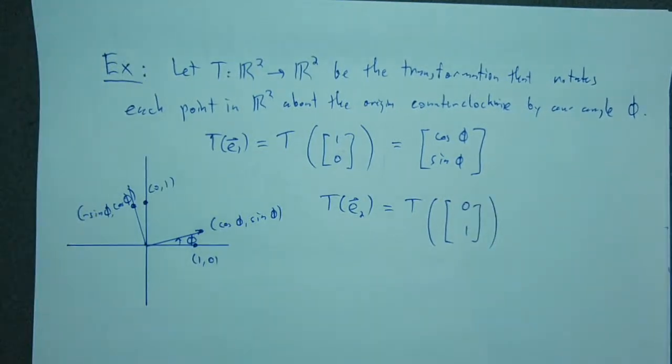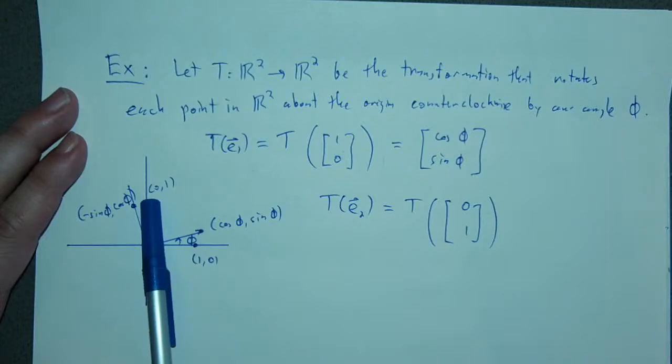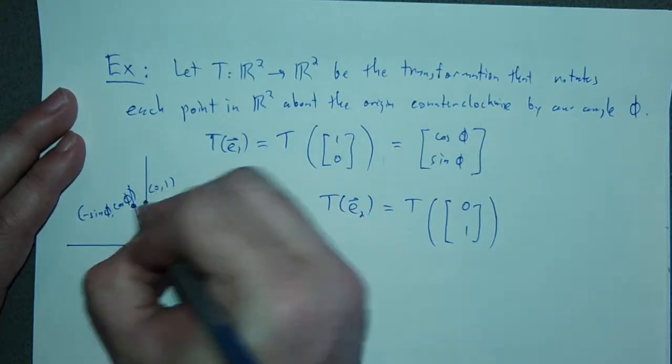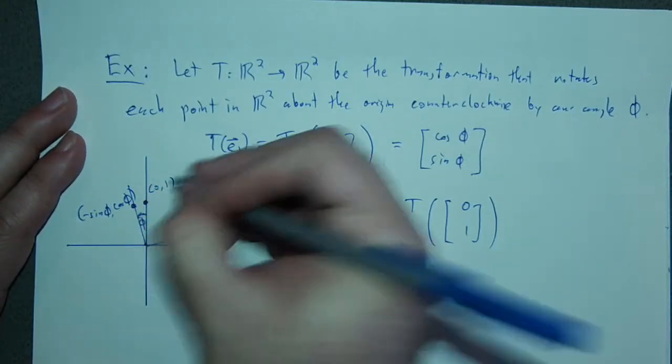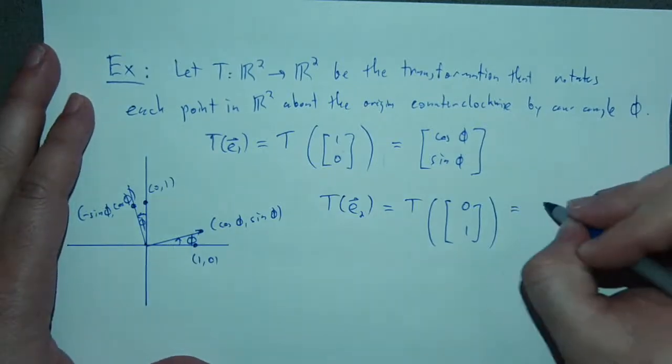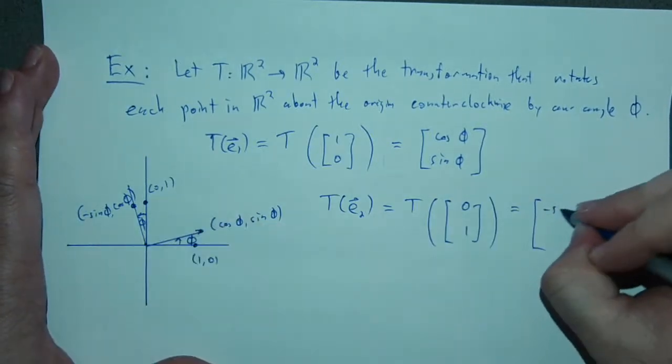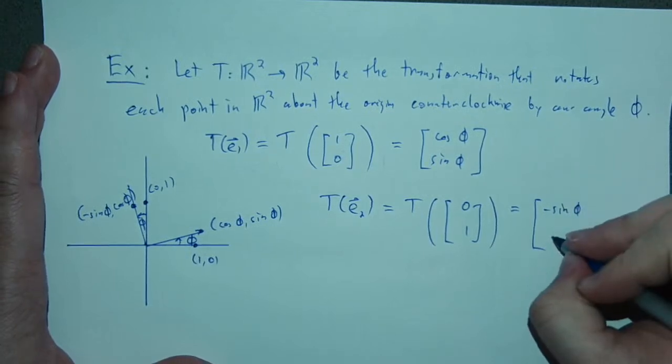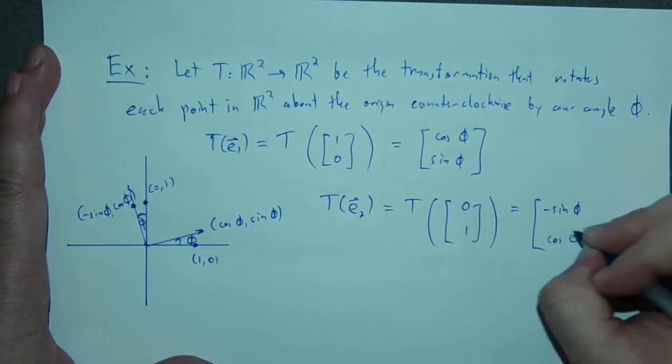What does 0, 1 rotate into? So here's 0, 1. It rotates. This is the same phi here. Now I'm in the second quadrant. I'm using reference angles here and properties of sine and cosine. So this rotates into minus sine phi, cosine phi.